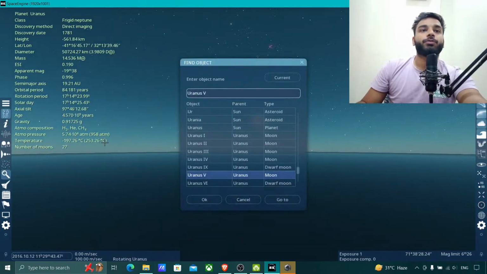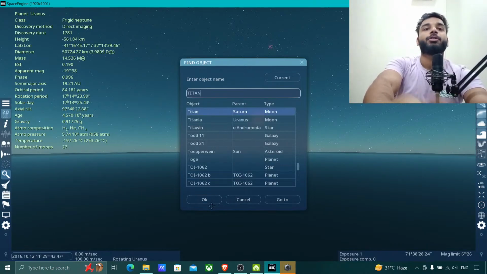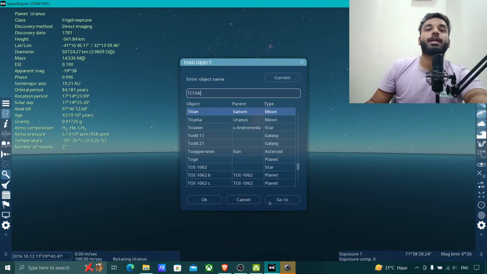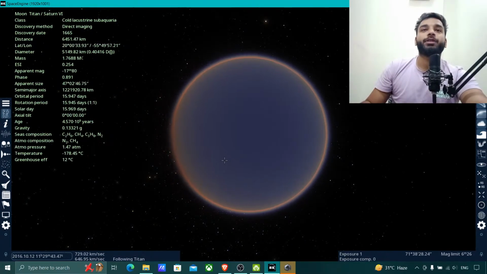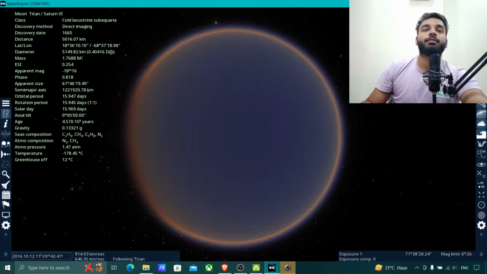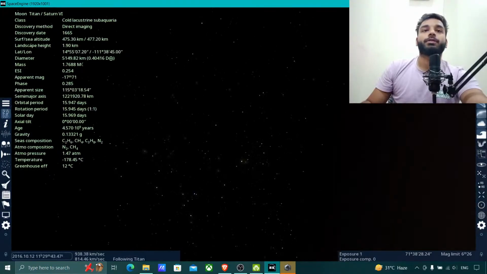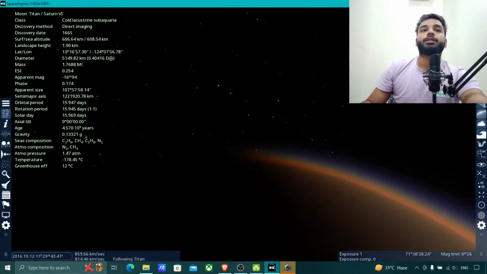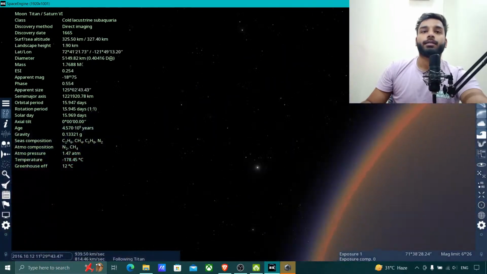And let's move on to another planet. Not planet, let's go to Titan, because it is one of the very interesting moons that most of the scientists are quite curious about. This is Titan, as you can see, and it revolves around our gaseous giant. Where it is, let's find.